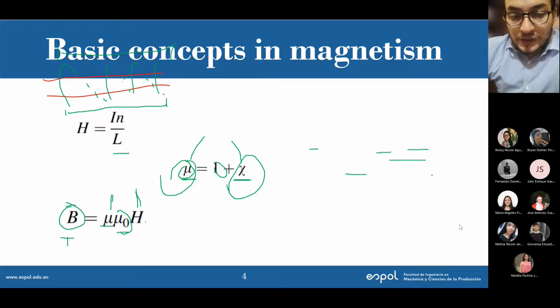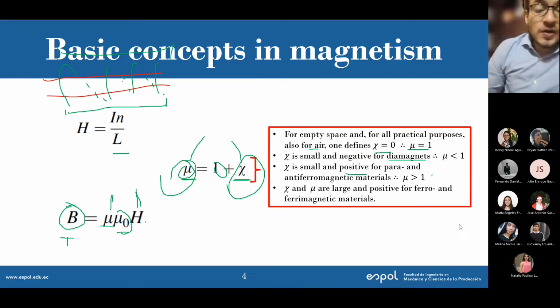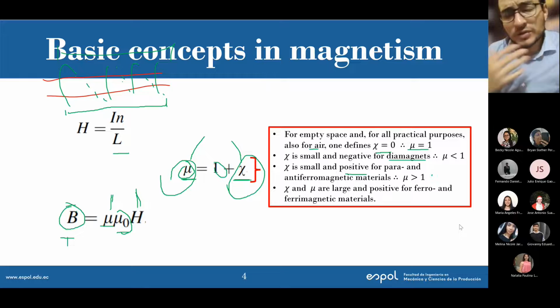Any questions, guys? Is it clear so far? Even though we'll see this later, I already want to mention that all of these magnetic constants, permeability, susceptibility, are temperature dependent, except for diamagnetic materials.